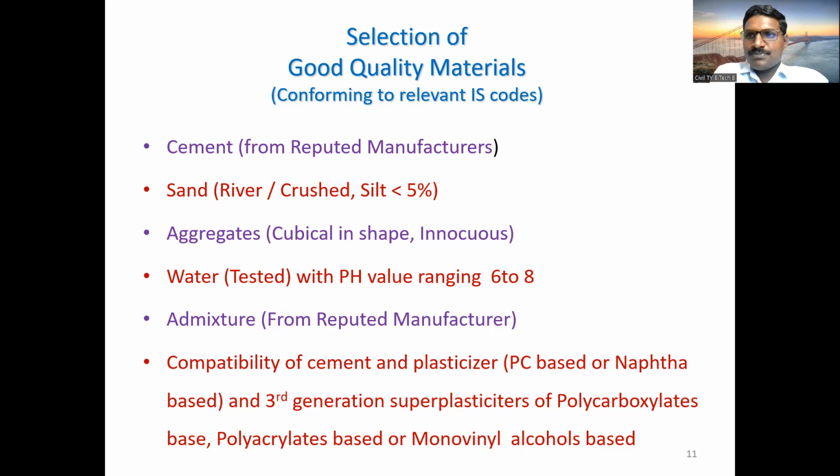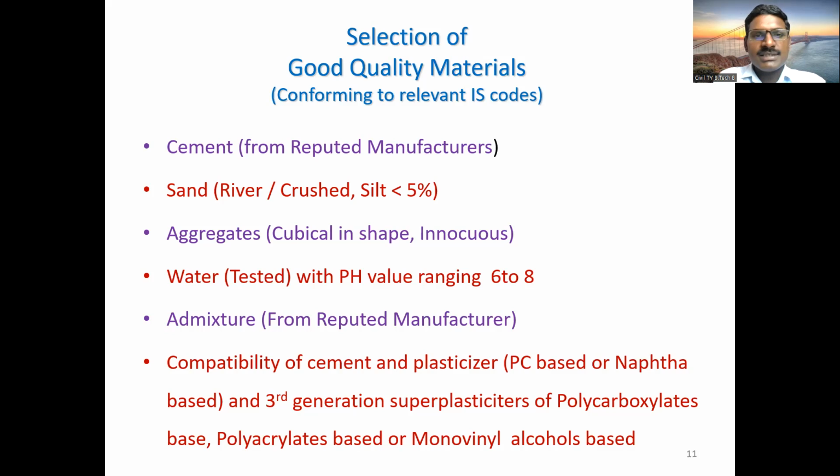So the cement has many properties. Physical properties include consistency of cement, initial setting time, final setting time, specific gravity, soundness, and compressive strength. These physical properties depend on the quality of material; if the quality is good, the physical properties will be within the limit.